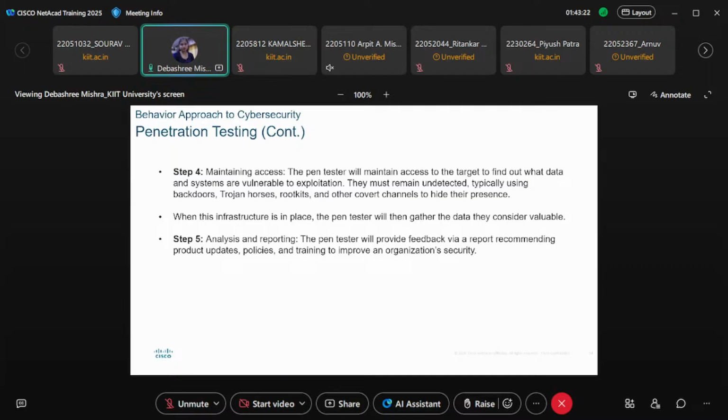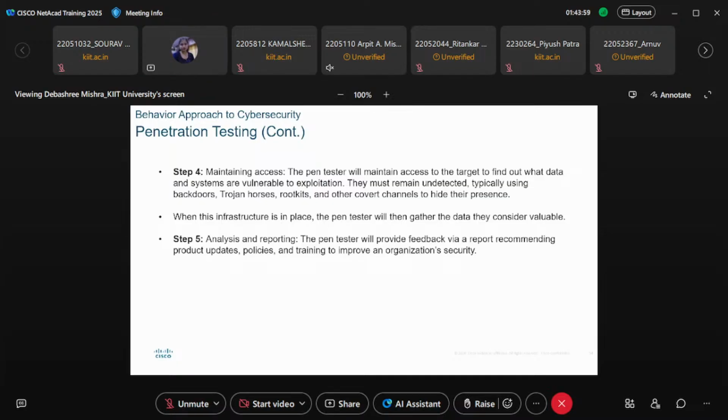For that, they must remain undetected, typically by using backdoors. Attackers may use a Trojan horse or rootkits so that they can hide their presence in that network. When this infrastructure is already placed in the network, the pen tester gathers the data which might be vulnerable and could be used by the attackers.